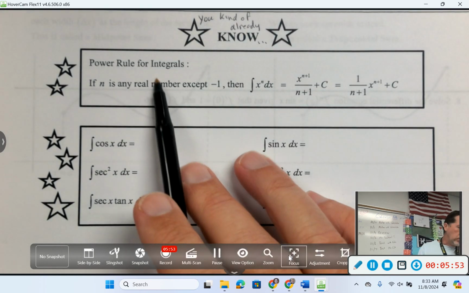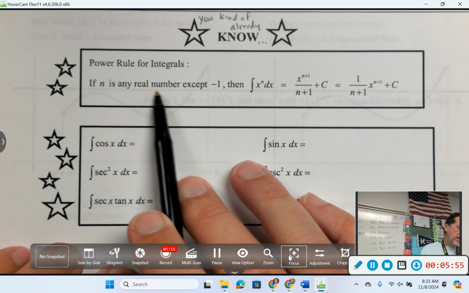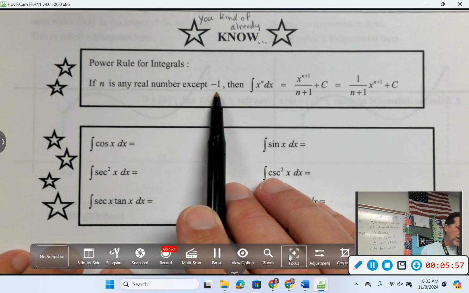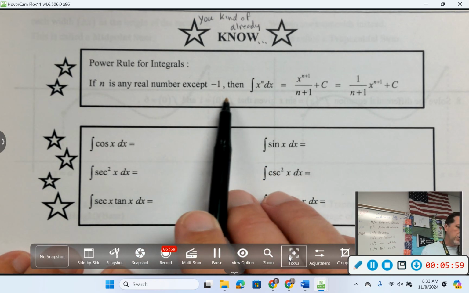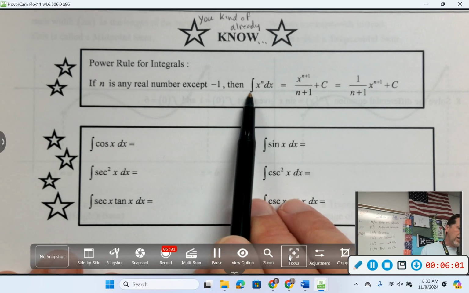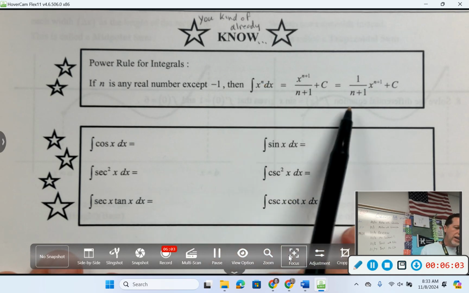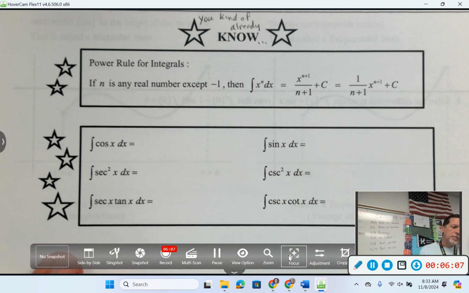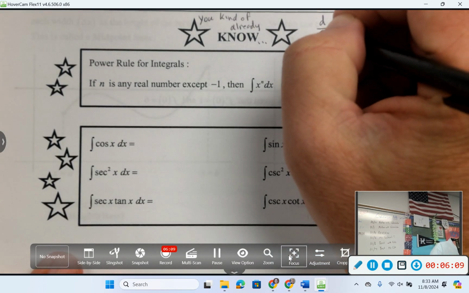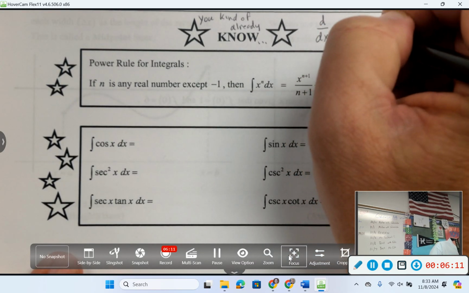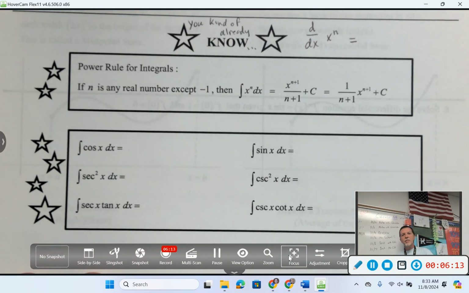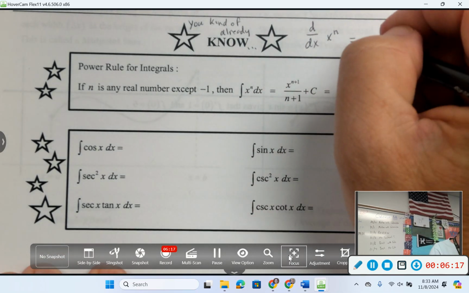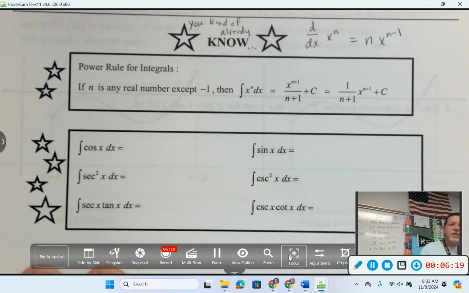So here's the power rule. n is any real number except -1. We'll see why that is in a minute. Then the antiderivative of x to the n is x to the n plus 1 divided by n plus 1. Maybe it would be helpful if we took the derivative of x to the n first. The n comes down front, and we decrease the power by 1.